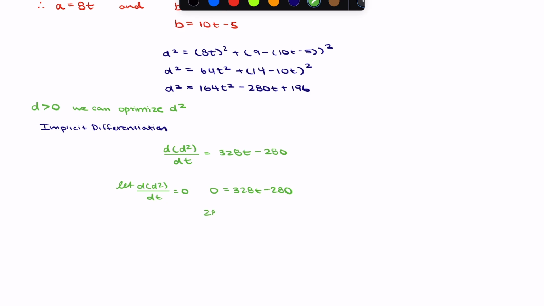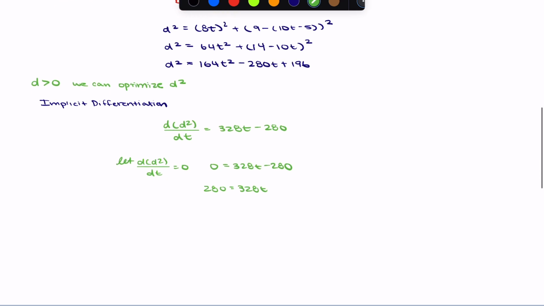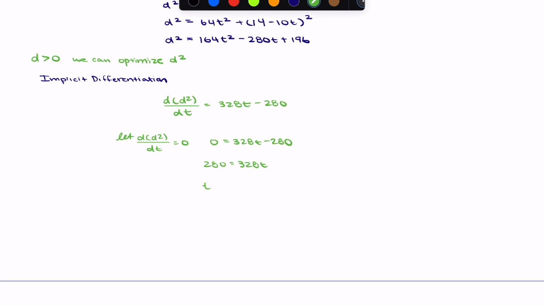Move 280 to the other side. It's equal to 328t. In this situation, we see that t will be equal to 0.8537, and that will be in hours.